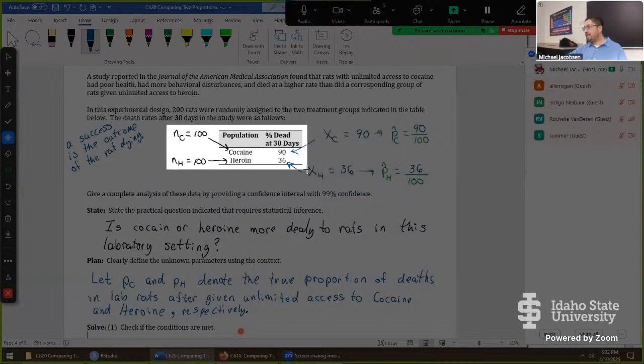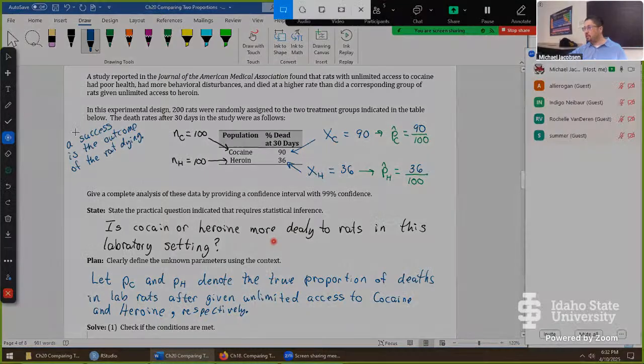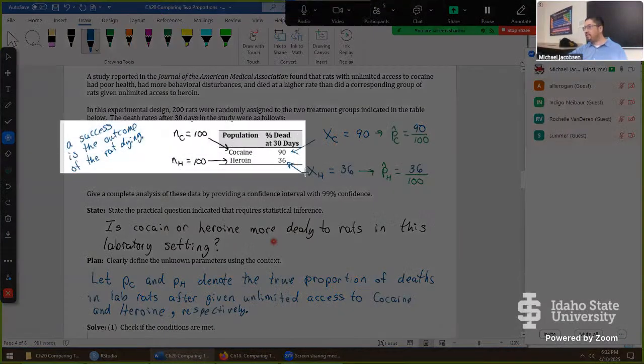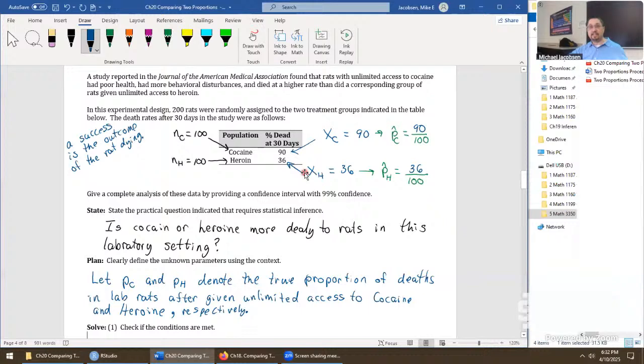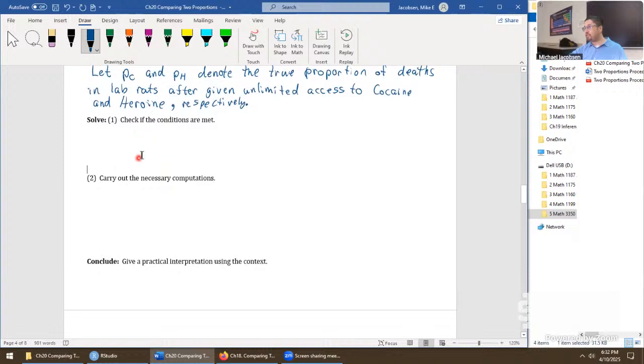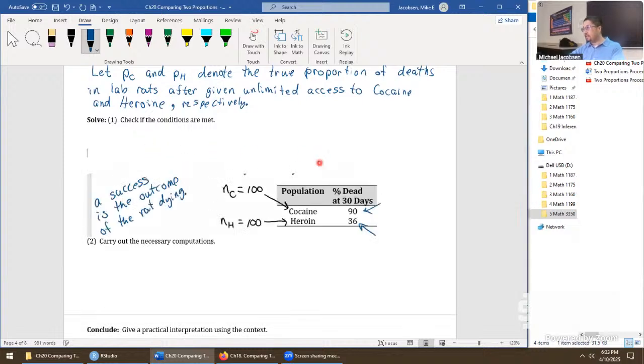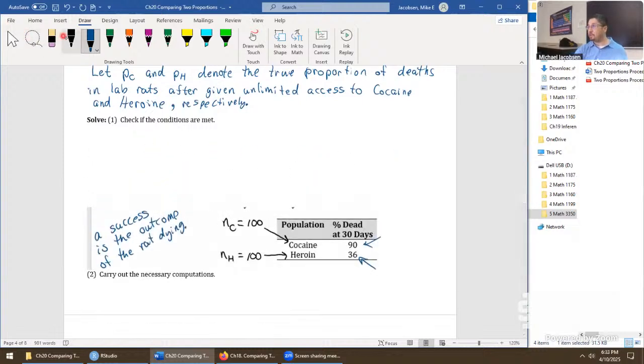Okay, condition checking is pretty much just this table right here, but it helps to also include what we specifically said a success was. Now recall for the large sample confidence interval, we want 10 successes and failures in both samples. Looks like we easily make that. So let's just be specific with what we write down here to indicate that outcome.